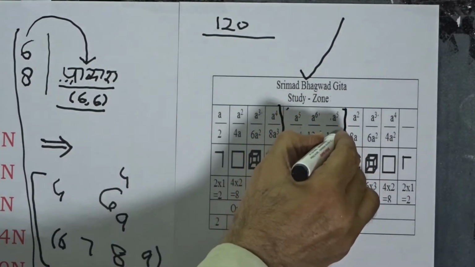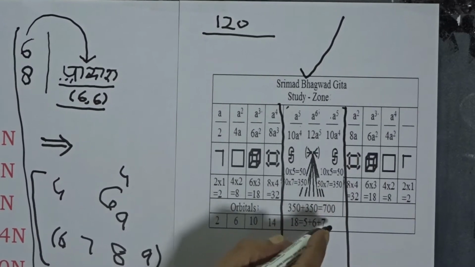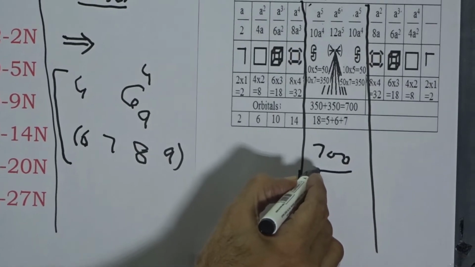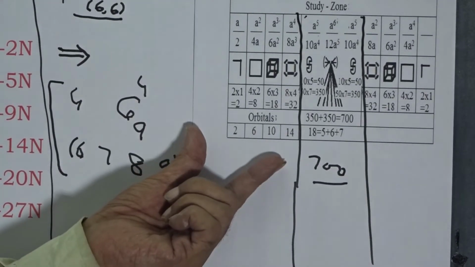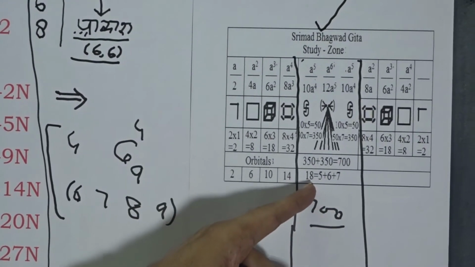This is the study zone of Srimad Bhagavad Gita, and it is here that we have the 700 shlokas range, which we know takes us in its 5th fold to value 18.